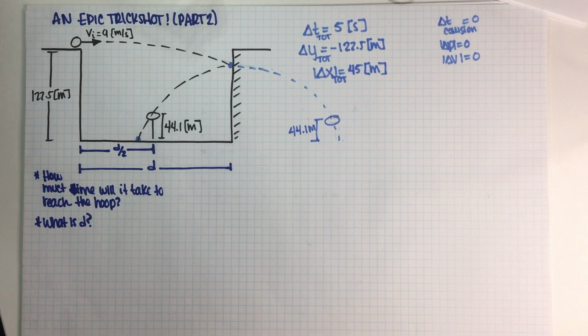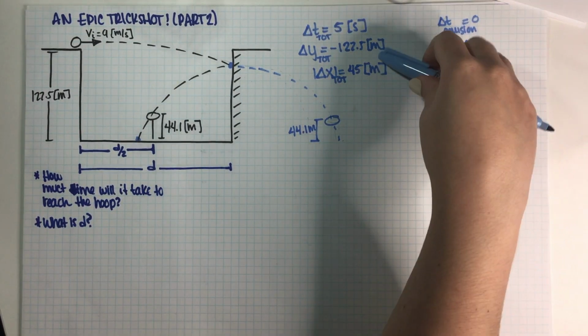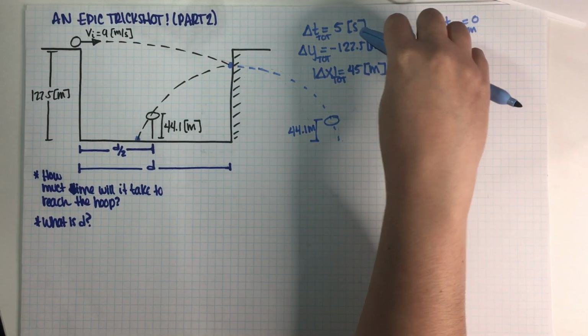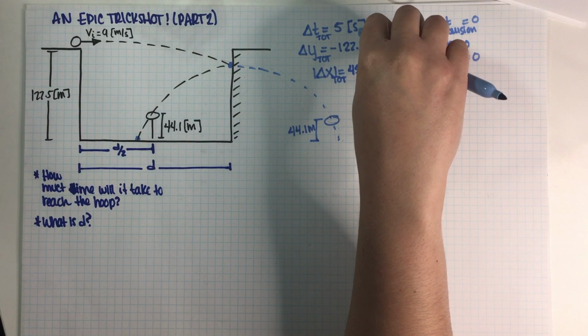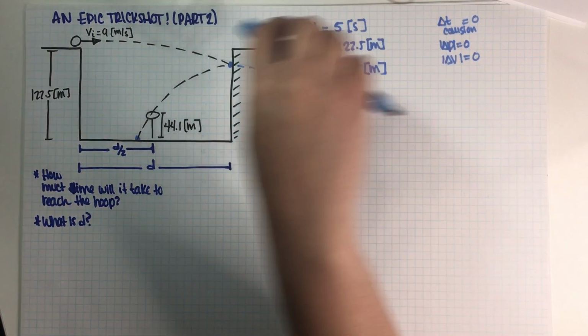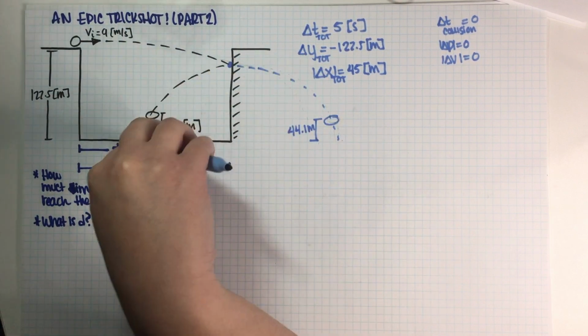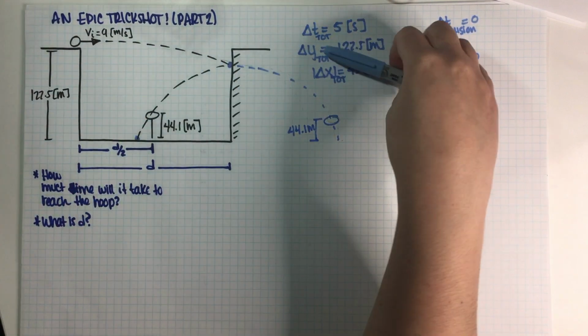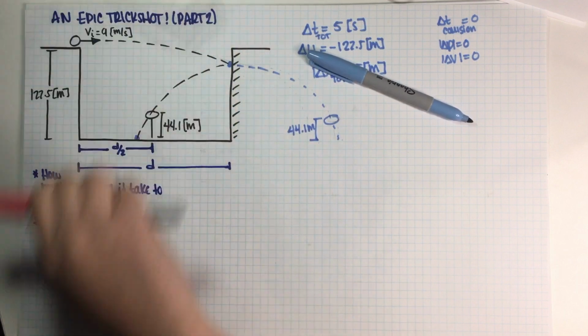Okay, so now we have to think this through. The only reason the final answer isn't 5 seconds is because this 5 seconds is the ball hitting here and getting here to the floor. And what the question is asking is not that.